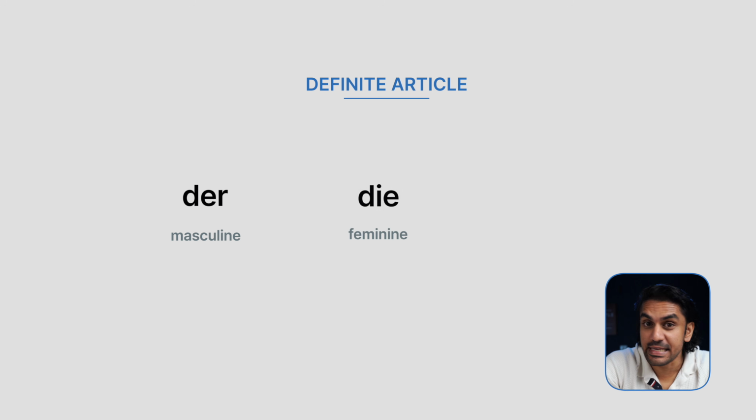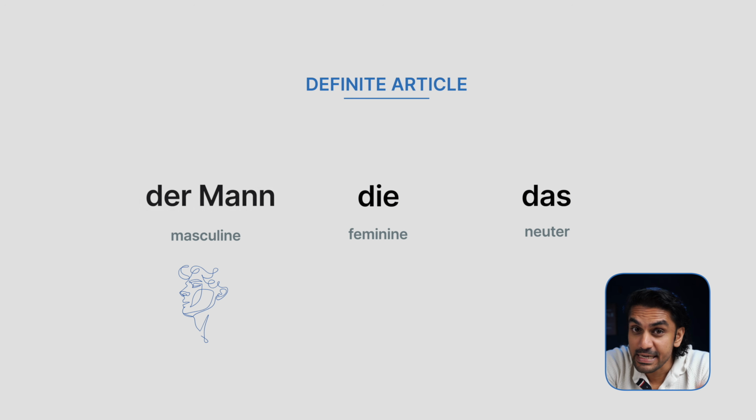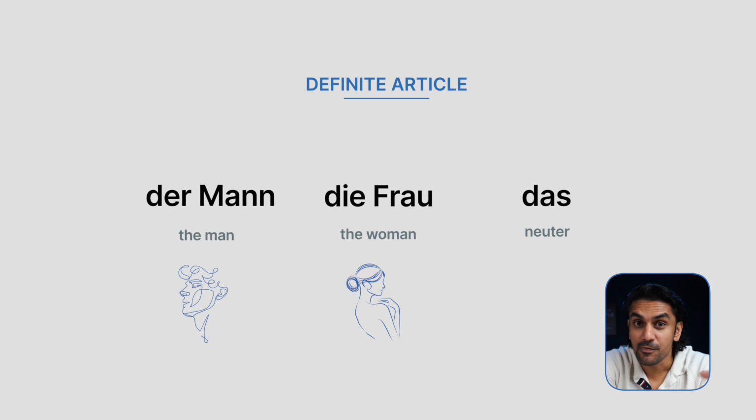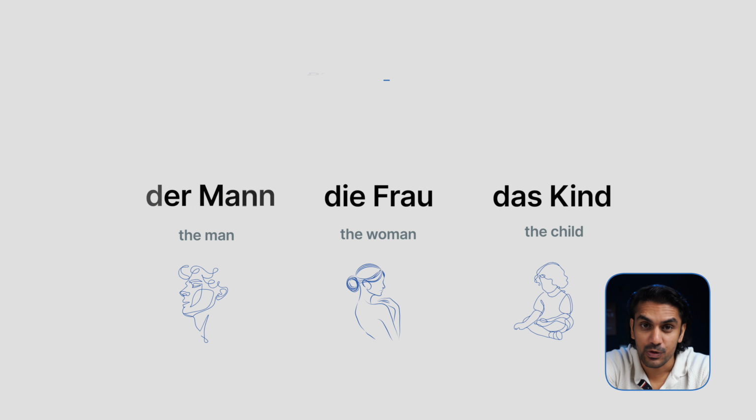And every noun comes with an article that represents the gender. So we have der for masculine, die for feminine, and das for neuter. For example, der Mann, the man, masculine, die Frau, the woman, feminine, and das Kind, the child, neuter. Now, here is where things get a little tricky.